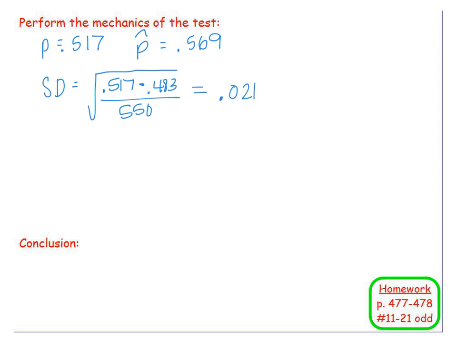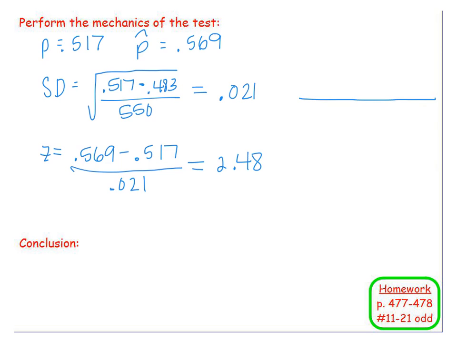Now we can find our z-score. So p-hat goes first, 0.569 minus p, 0.517, divided by 0.021. So if we round that to two digits, I get 2.48. So let's talk about how this one is different because of the not equal to.